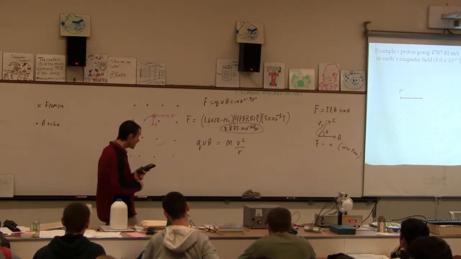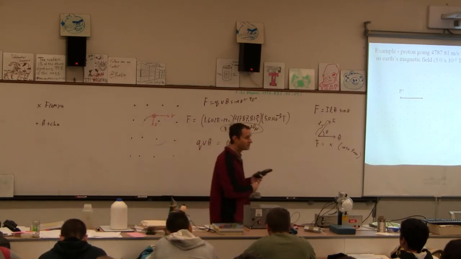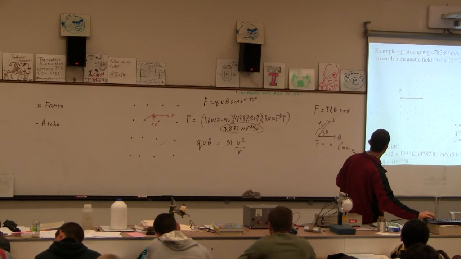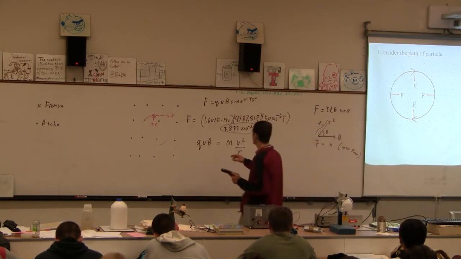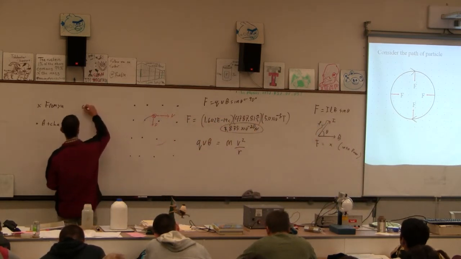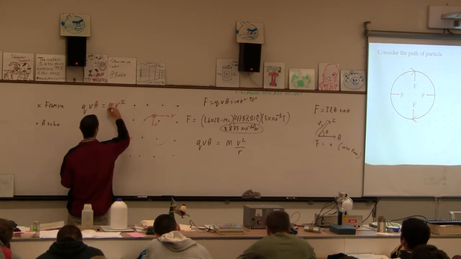So let's go ahead and figure out what this thing's going to do. Let's figure out the radius that this thing's going to travel in. I'm going to say qvB equals mv squared over r.